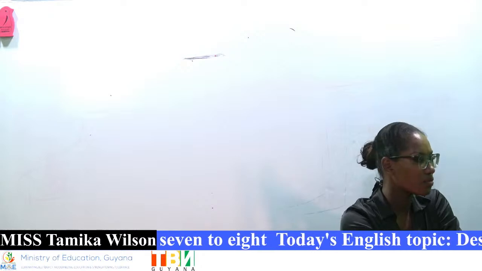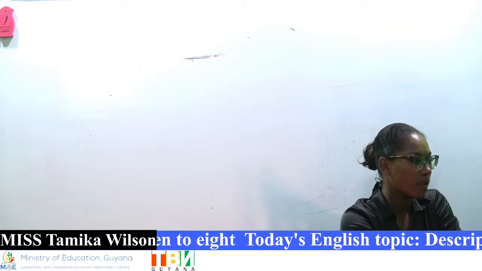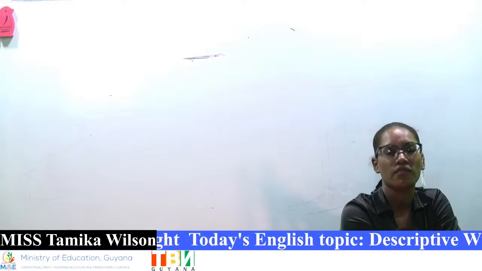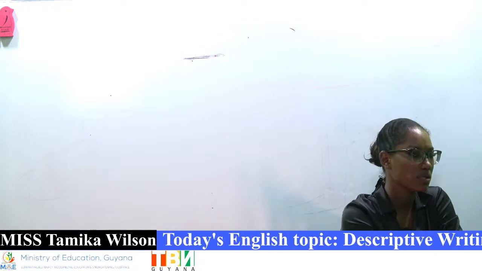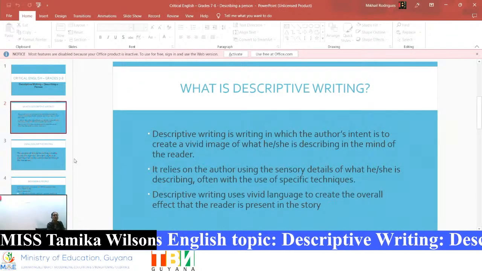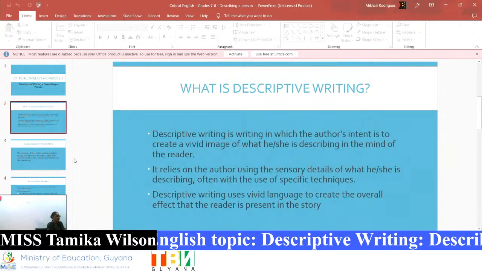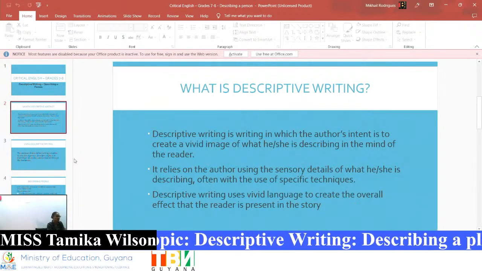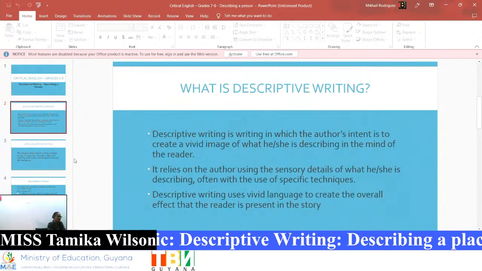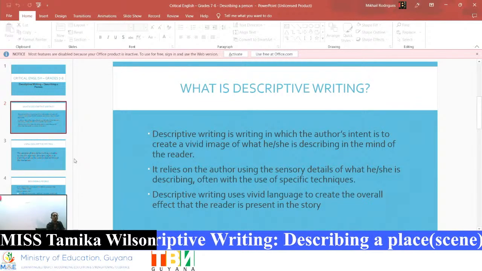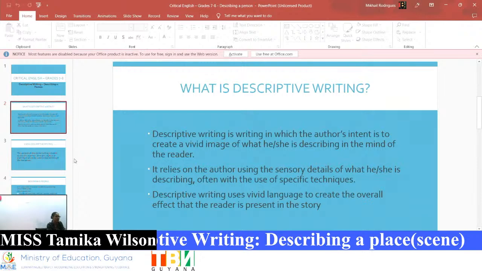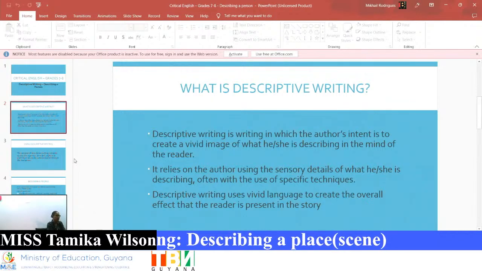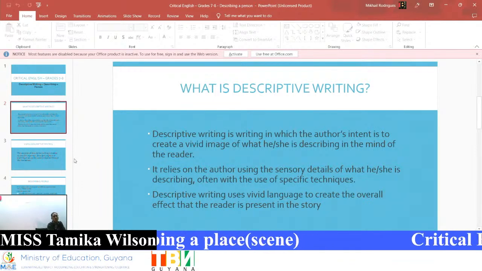So we are looking at descriptive writing, and in the last class we said that descriptive writing has to do with the author's intent to create a vivid image of what he or she is describing in the minds of the reader. And of course, we also said that it relies heavily on the sensory details of what he or she is describing. And in order to be able to do that, we make use of specific techniques.